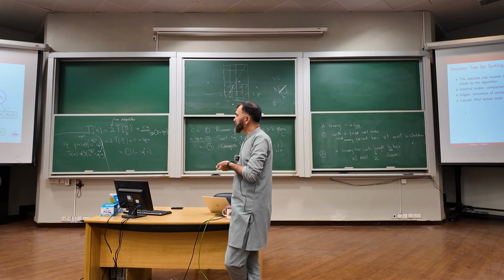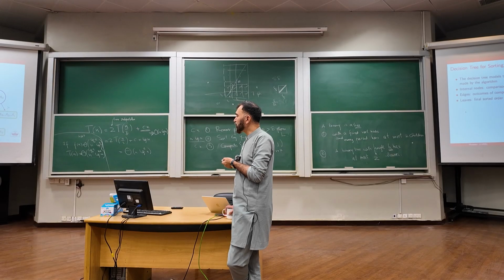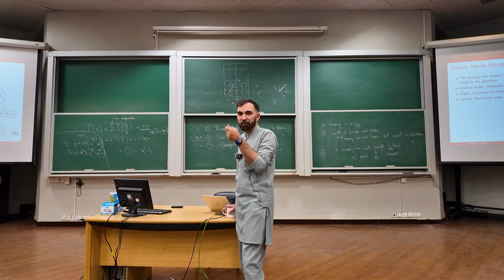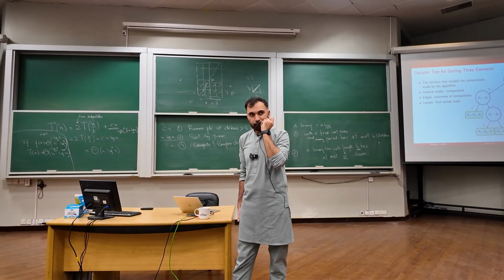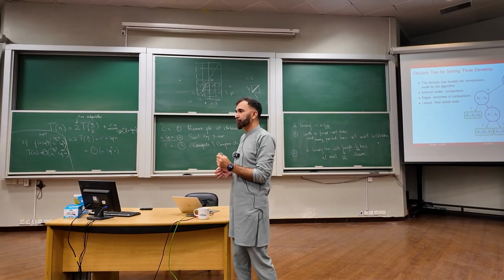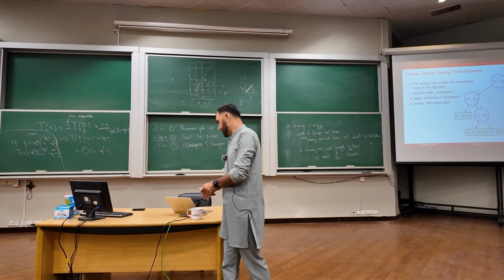All right? So in this comparison model, all my nodes except leaves represent comparisons, and the leaves represent the final sorted order. All right?